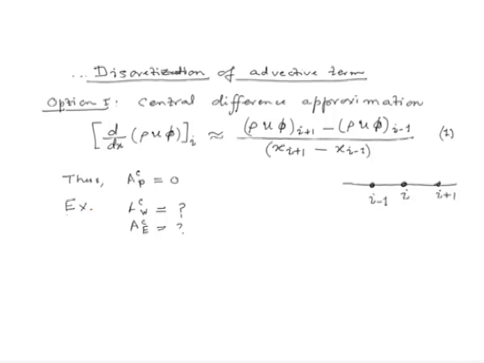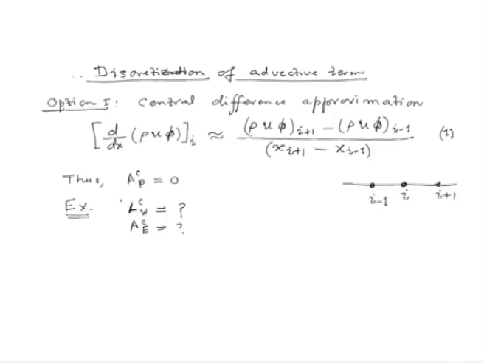This I would again leave as a very simple exercise. So, find out what will be the contributions to this APC, AWC and AEC if you use central difference approximation.